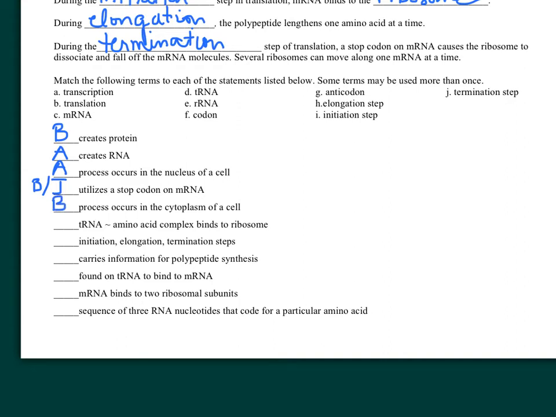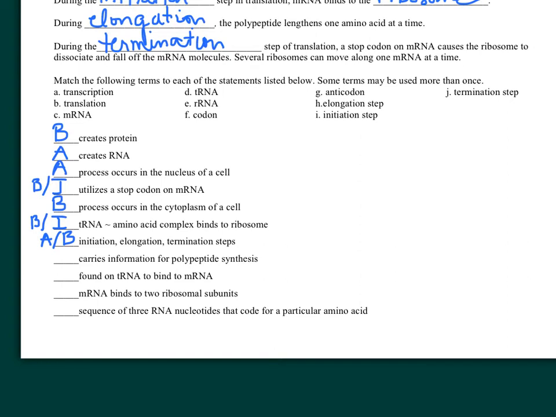The tRNA amino acid complex binds to the ribosome. That happens during initiation of translation. Initiation, elongation, and termination steps, those are all actually in both A and B. Carries information for polypeptide synthesis.